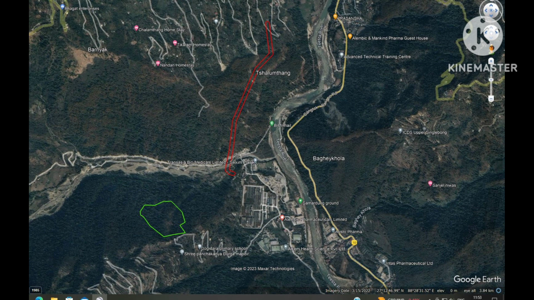Here, the red line is the location where the forest has been diverted for the construction of a transmission line from Rampur to Samardung, and the green patches are the locations where the concerned agencies have carried out the compensatory afforestation as a substitute for the loss of vegetation caused by the diversion of area for the construction of the transmission line.